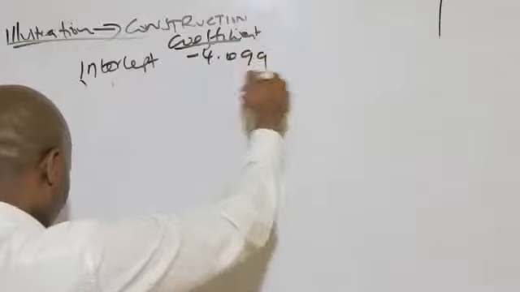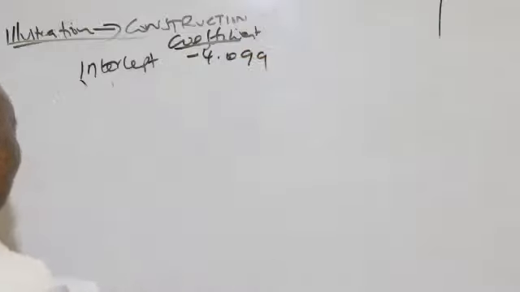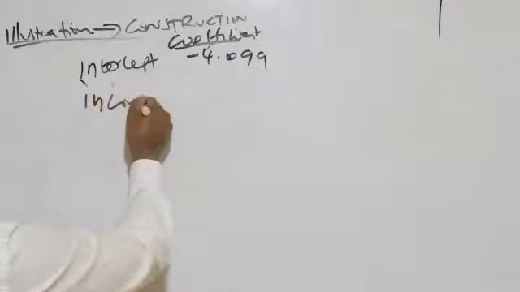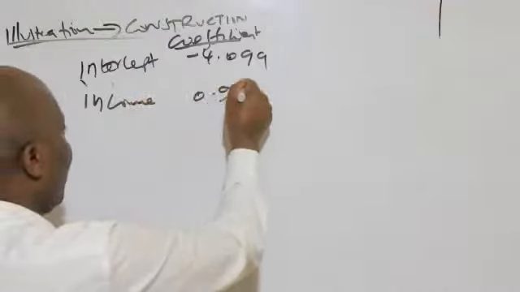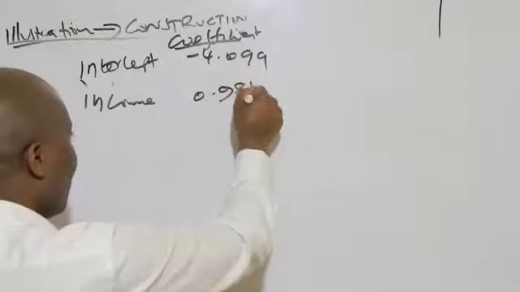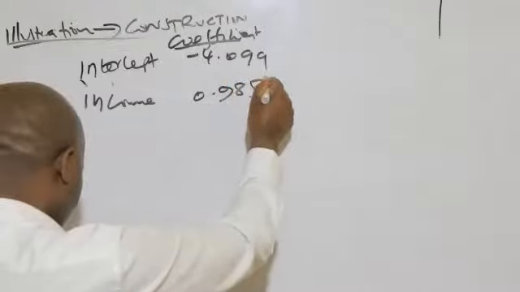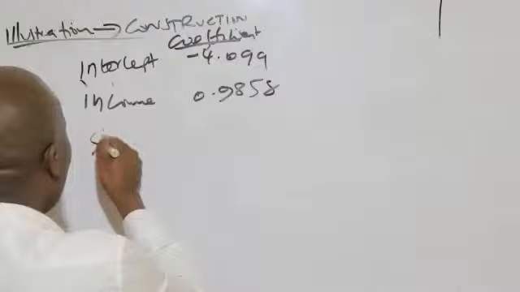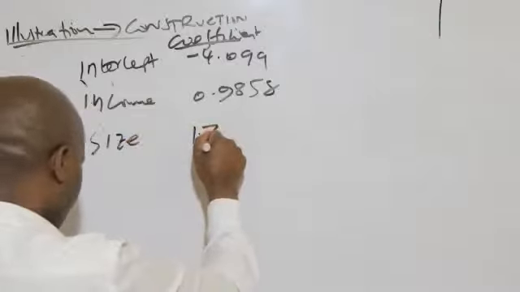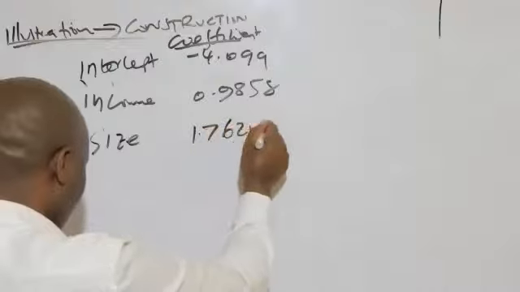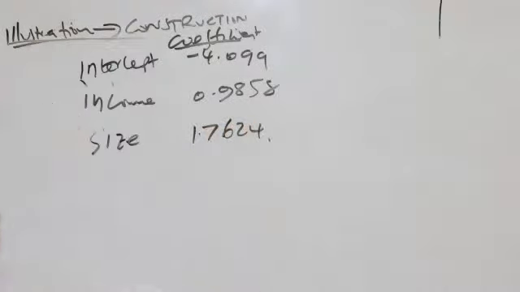The coefficient of income they have given me is 0.9858. And then we have the size, which is 1.7624. So they want me to do something very easy, to give them a regression equation.